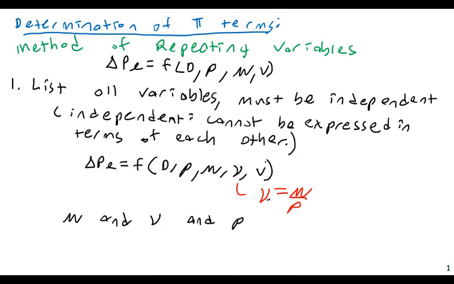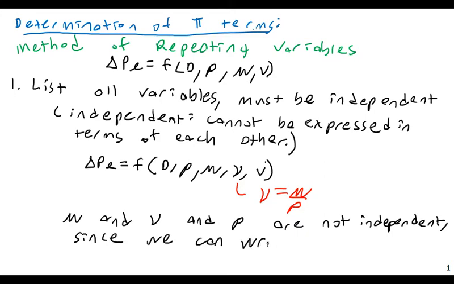Now I could use nu and mu if I didn't have rho, but as long as I have rho in there, I can't use that as one of the variables. I have to eliminate one of them. I could very easily have both mu and nu in there, but I could not have rho, since we can write them in terms of each other.